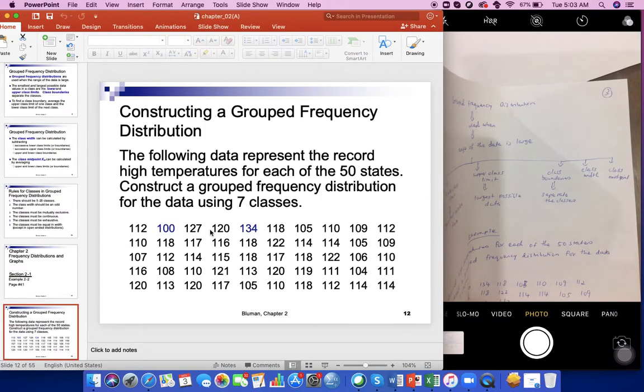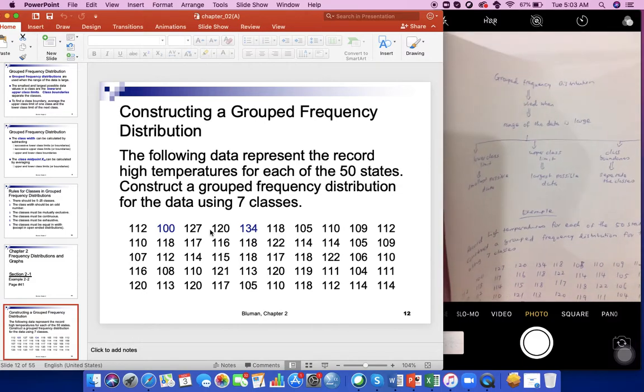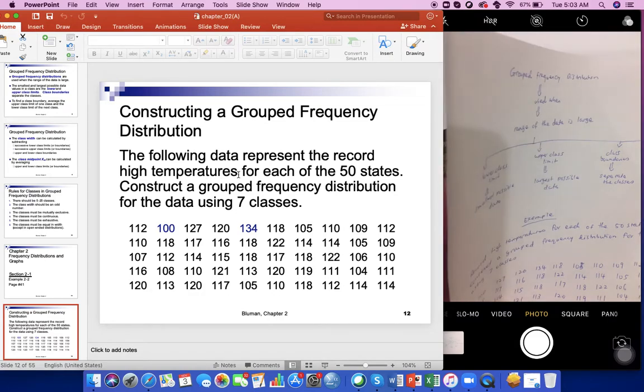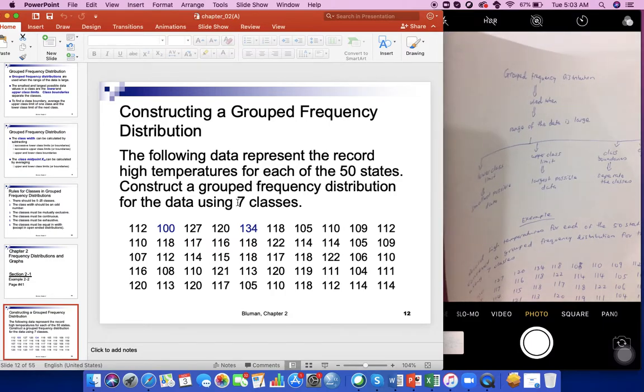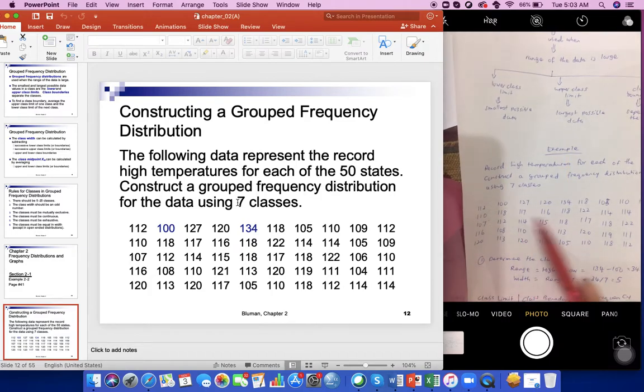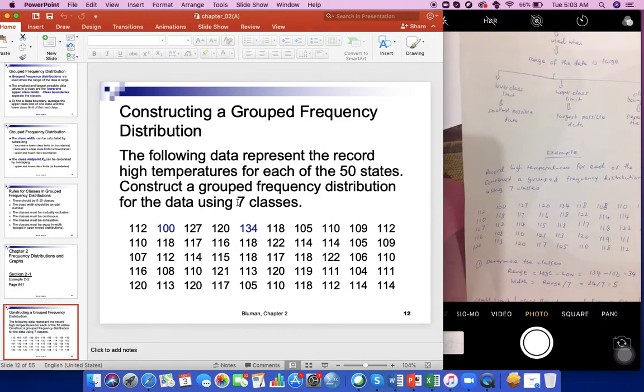Okay, let's take a look at one example. This example is about data representing the record high temperature for each of the 50 states. We need to construct a group frequency distribution using 7 classes. So this is the data, all the high temperatures.